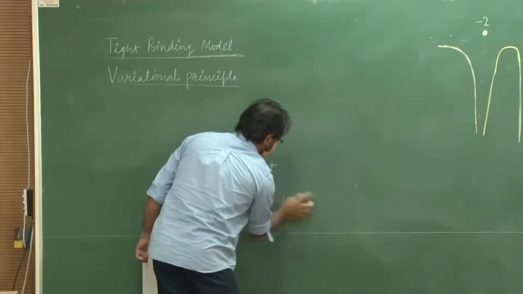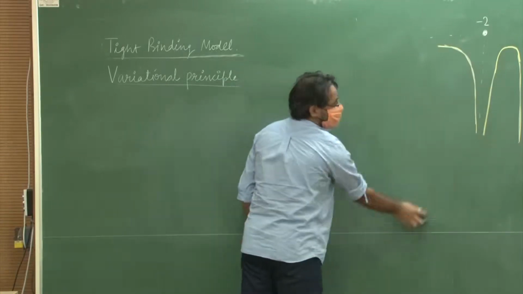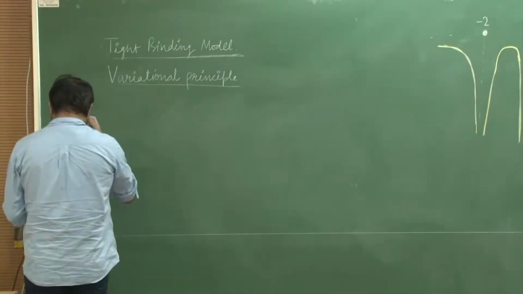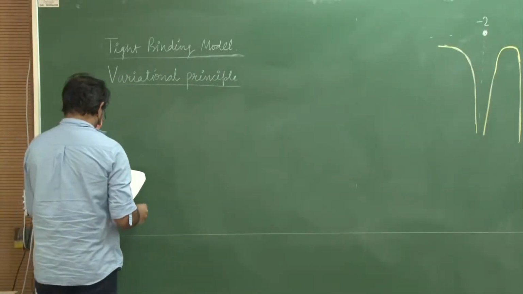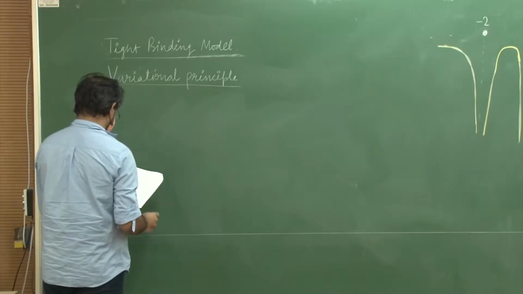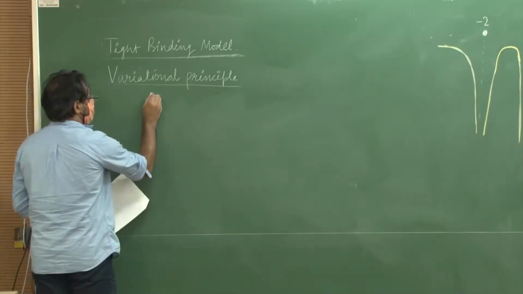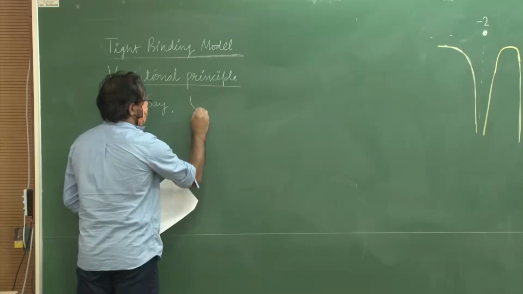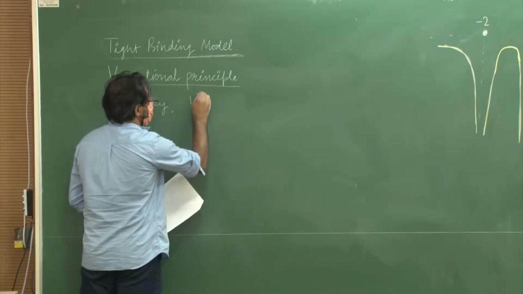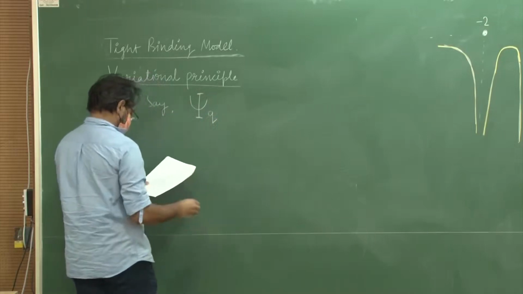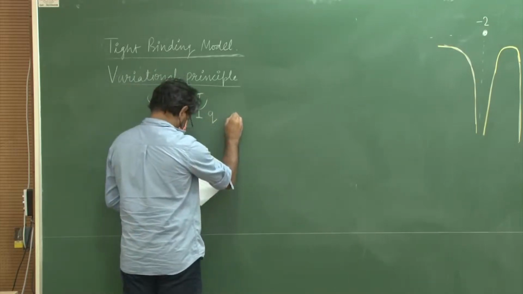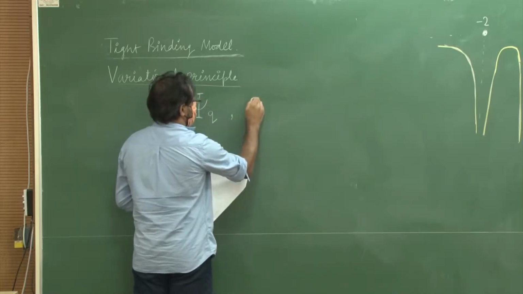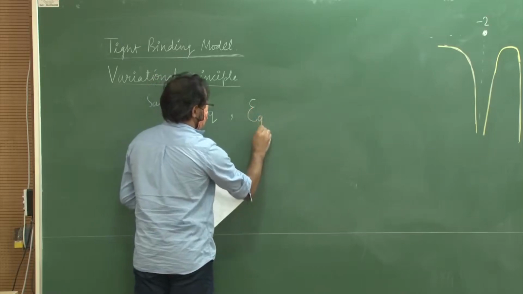So what do we do in this method? We pick a trial wave function, right? And then we compute. Let's say psi q and E q.